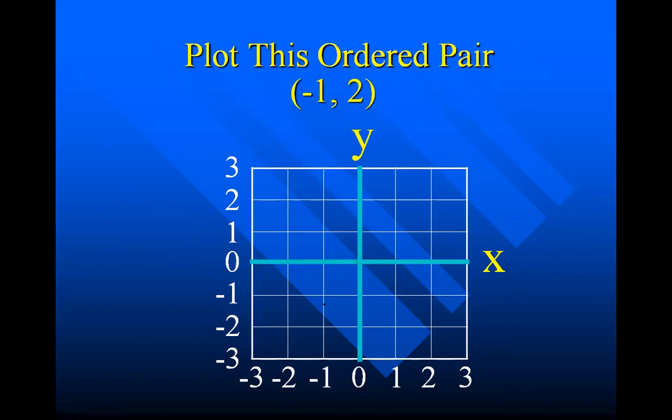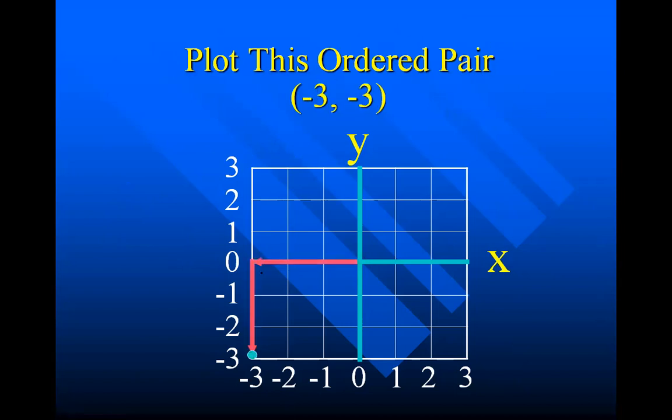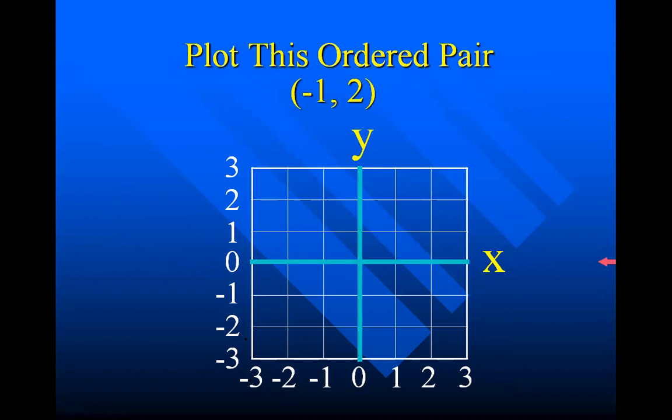Negative 2 and negative 3. Here is negative 3, and down until we reach negative, and so on. Here is negative 1 and negative 1, on the left in x. Then negative 1 until we reach 2, negative 1 up 2, and so on.